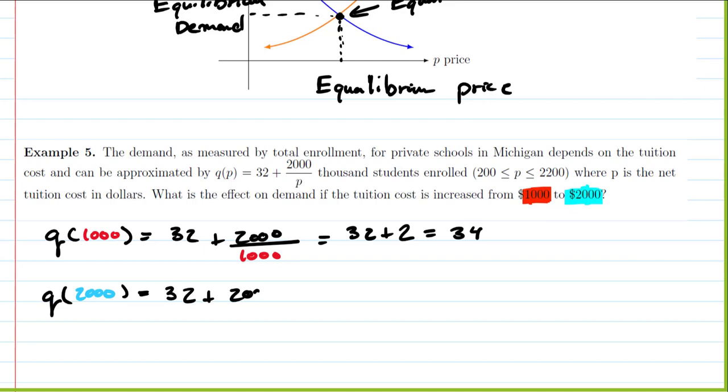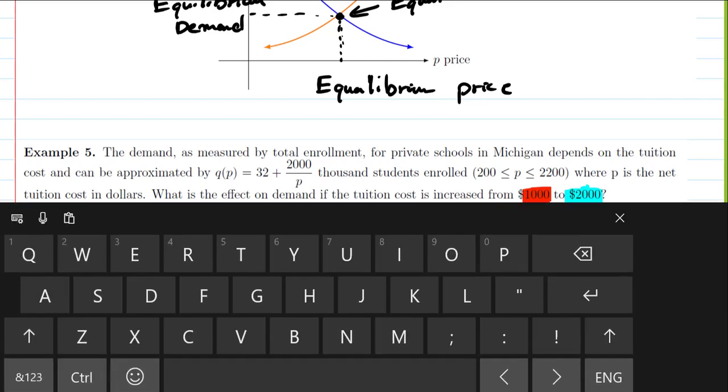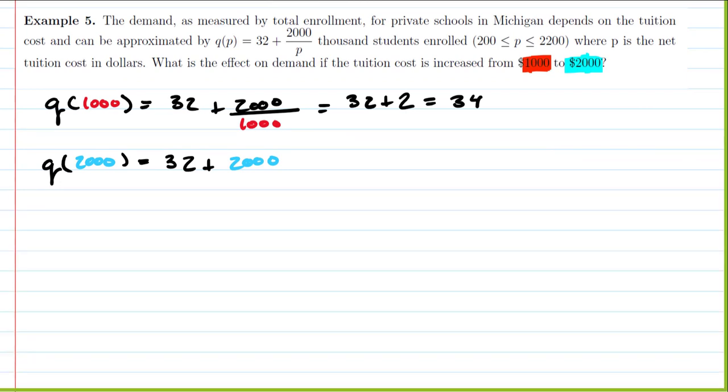And we get 32 plus 2,000 over 2,000, and that gives us 32 plus 1, which is 33.